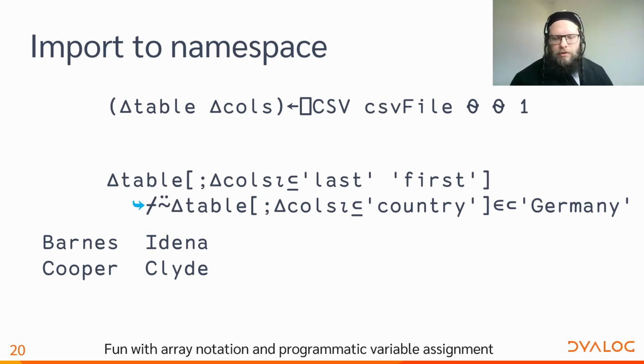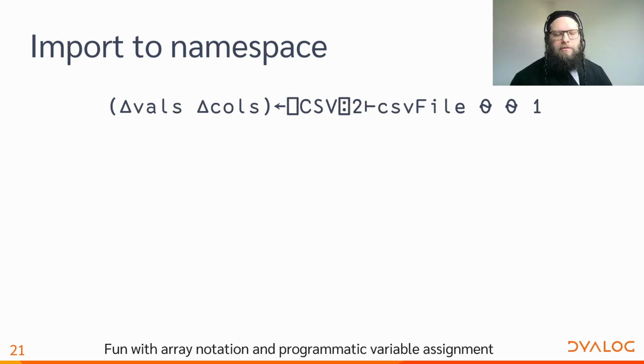This is all the traditional method of doing things, but let's see how it would look if we want to use a namespace. So here I put in a variant, this quad CSV colon 2. This means I want an inverted table. This means that I want, instead of a matrix, a vector of vectors.